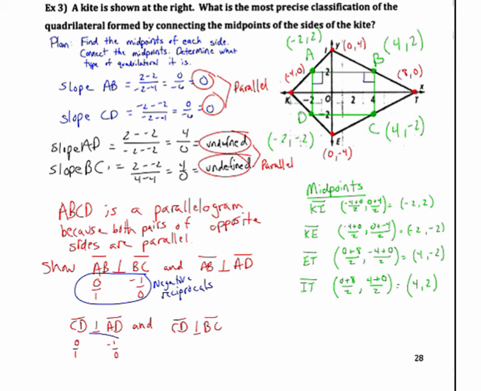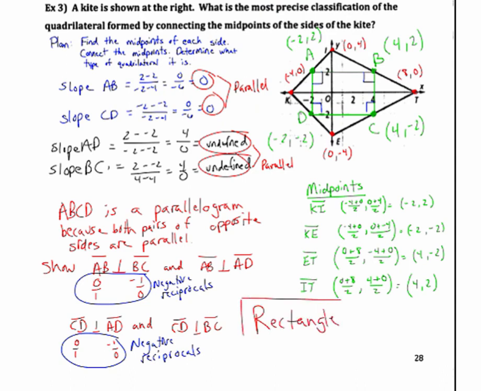Again, we have this idea of negative reciprocals. And this is the only way to show right angles, is with those negative reciprocals as their slopes. So since those are perpendicular, I can go ahead and put a right angle in along the line DC. So I've shown using the slopes that I have a parallelogram, and I've shown using the slopes that I do have right angles. And that is the definition of a rectangle.